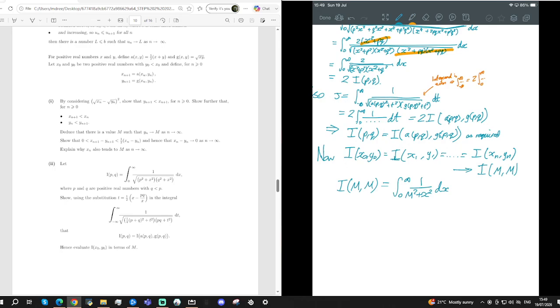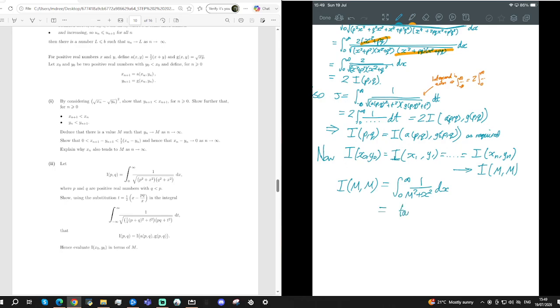I'm just pulling up the formula sheet so I make sure I pick out the right one. This is an inverse trig integral. Now I'm pretty sure this is tan inverse. Yep. But with that extra m, we need to be a little bit careful. So it's that statement there.